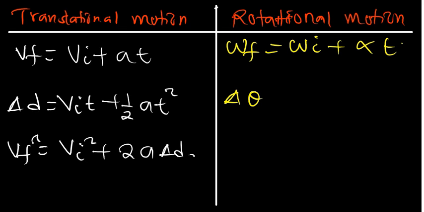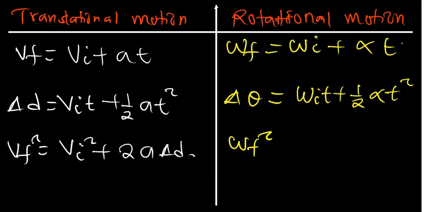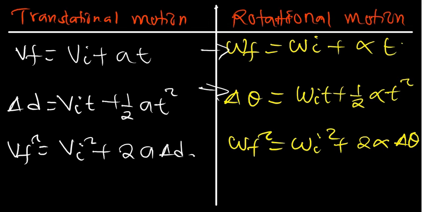This is equal to omega initial times time plus half angular acceleration times t squared. Next we have omega final squared is equal to omega initial squared plus 2 times angular acceleration times change in theta. This is the relationship which we have to know. This is very, very important. These are the three formulas which you have to be familiar with.